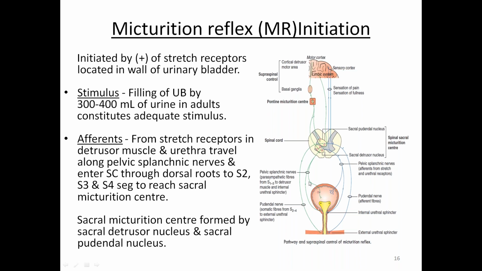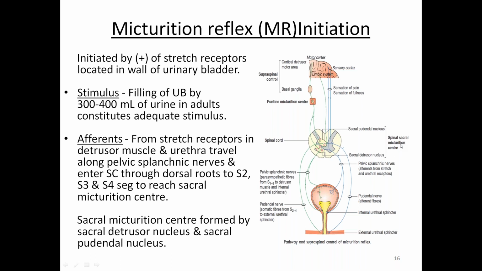So you can see here in the diagram the stimulation from stretch receptors of the walls traveling through the pelvic splanchnic nerves, entering the spinal cord through the dorsal roots to S2, S3, S4 segments to reach the spinal sacral micturition center.